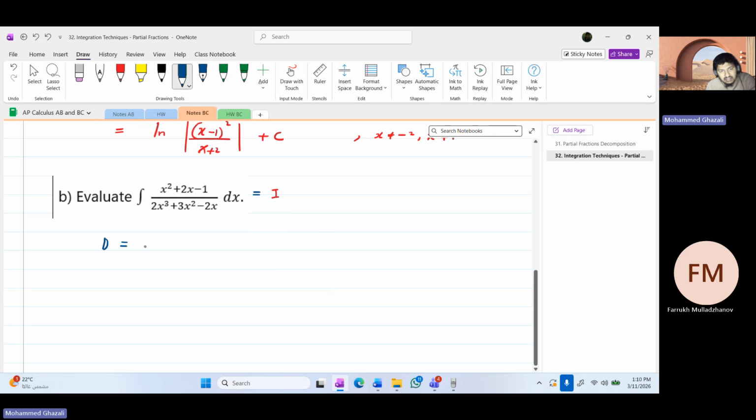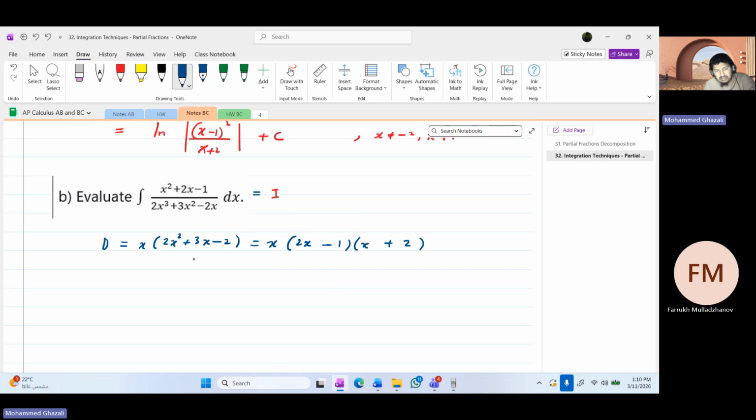The denominator is 2x cubed plus something; I take out x as a common factor, and I'm left with 2x squared plus 3x minus 2. I want to check if I can factor this further. 2x times x will give me 2x squared. 2 times 2 is 4, so plus 4 minus 1 will give me plus 3.